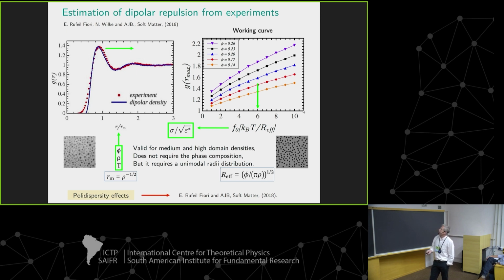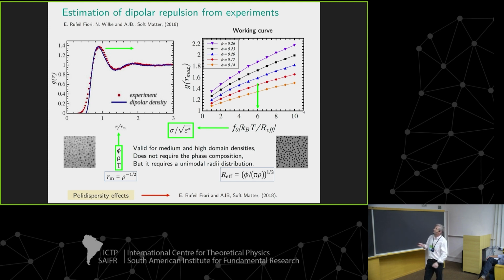Knowing this, we were interested in finding a way to be more precise, if you are not happy with this working curve. This fit costs you many simulations, fine-tuning the F naught value, so the dipolar density, until you match the peak height.